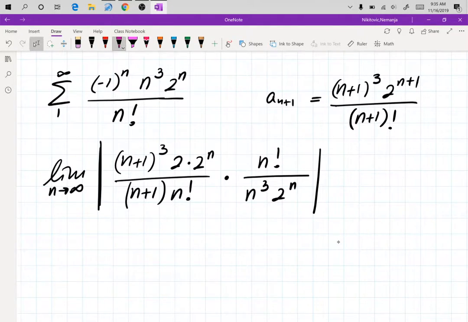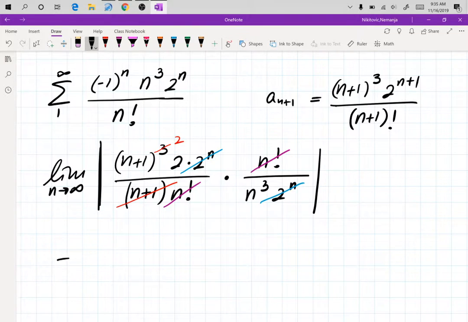So now, n factorial is gone, 2^n and 2^n are gone, and at this point you can cancel one of the (n+1)s over here.